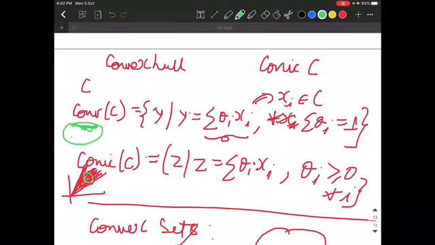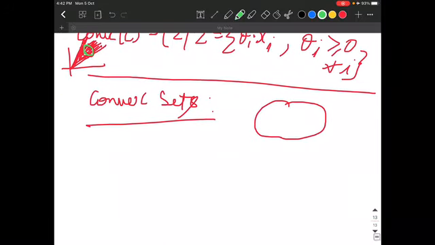However, if we add these points to this set, now it becomes convex, and this is the smallest convex set that contains C. So this is called the convex hull of set C. This is a convex set because the line segment joining any two points in this set also lies inside this set.